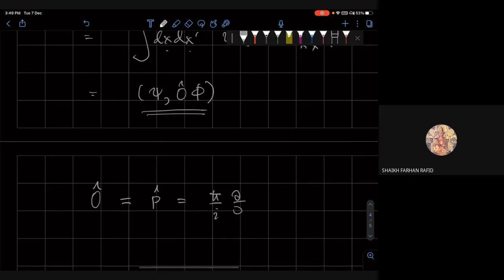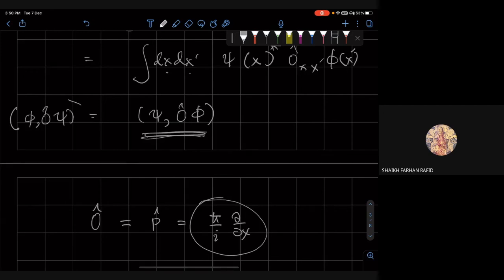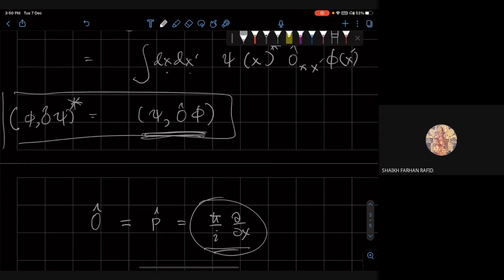then you have to verify whether this operator satisfies this. Let me write the left hand side here, which is going to be phi, O hat of psi. You have to verify that this satisfies this relationship.